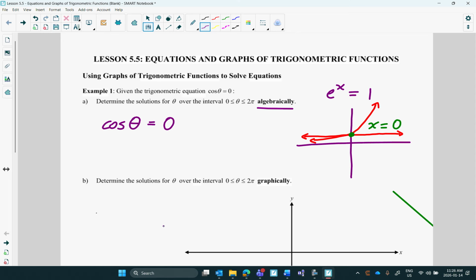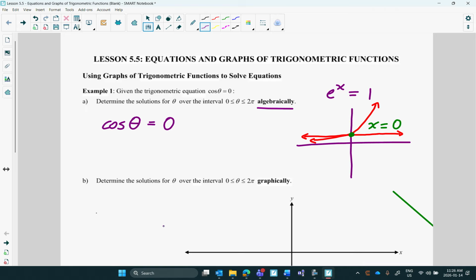It's on the unit circle. Angle over, radians, please. Pi over 2. Anything else?